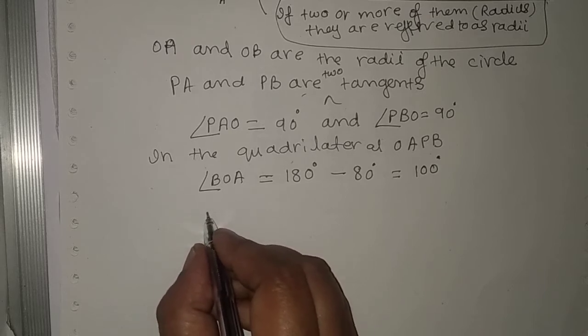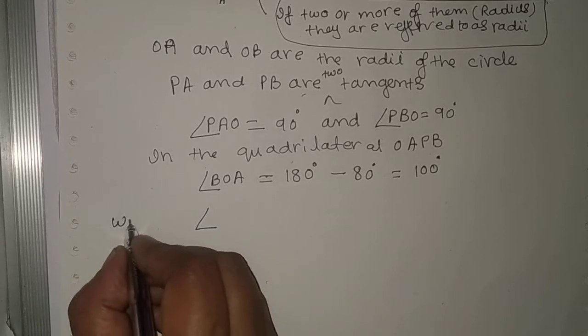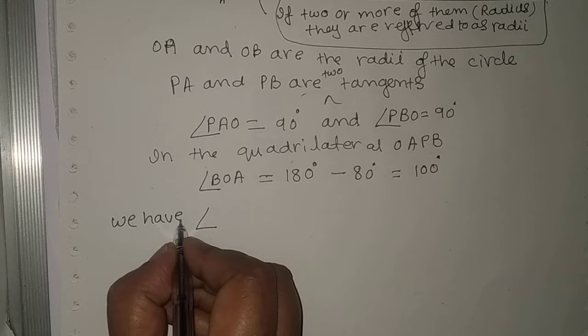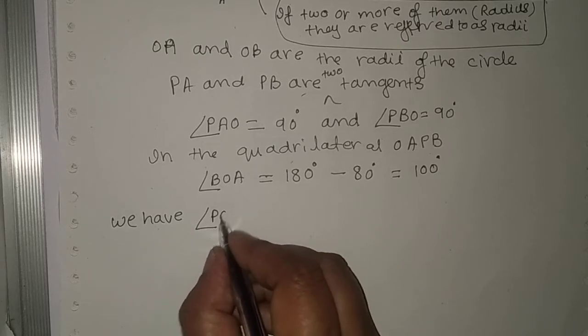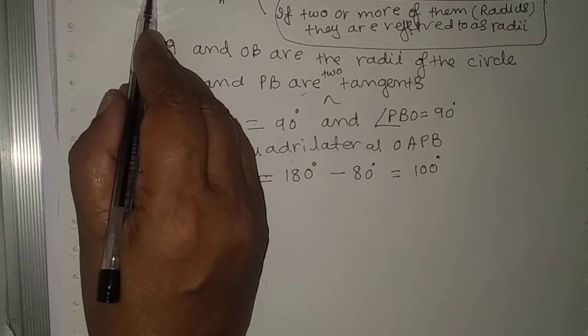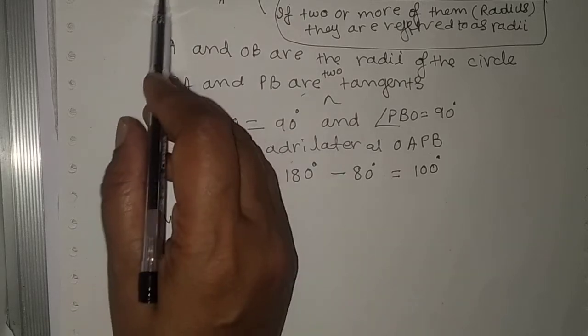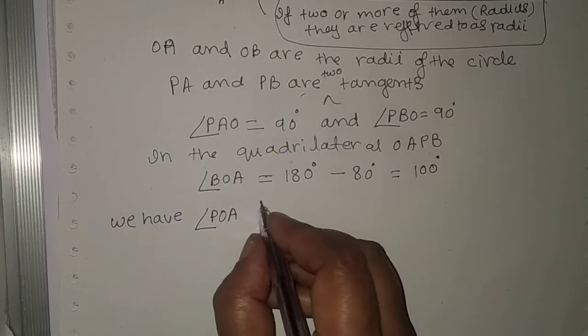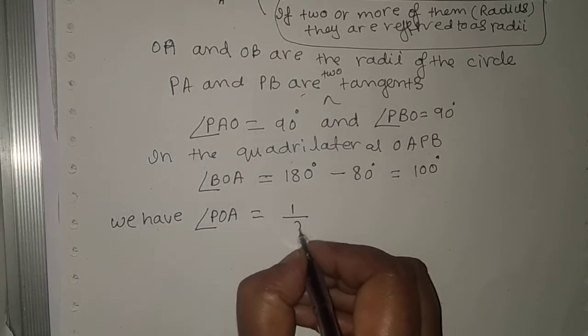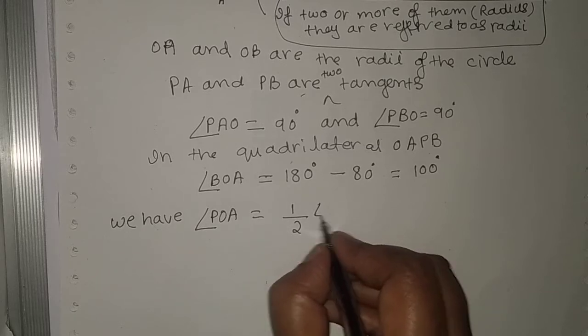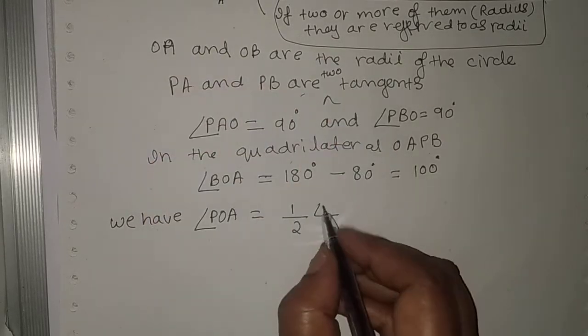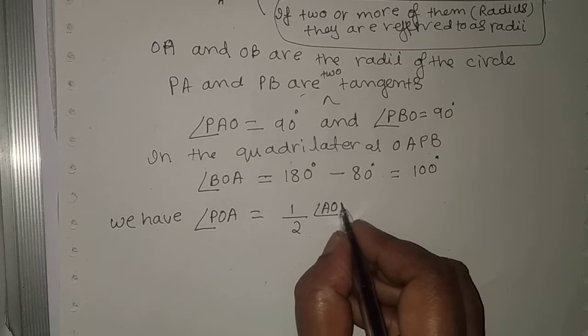So we have that angle POA. This is half the quadrilateral, therefore is equal to half of AOB.